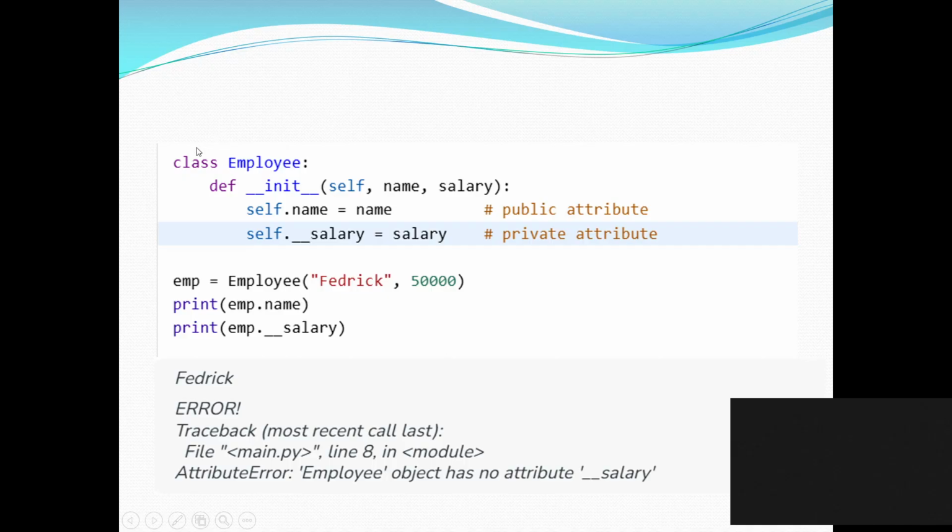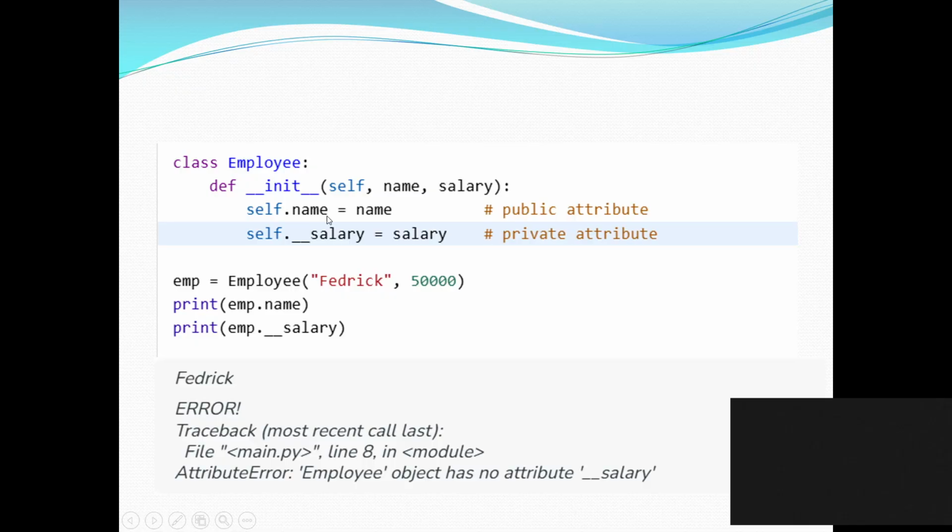It's a simple example where I have a class called Employee and a constructor called init, which gets two attributes called name and salary, and self, which gets initialized to self.name equal to name, and self.__salary, which is salary. Notice two things.